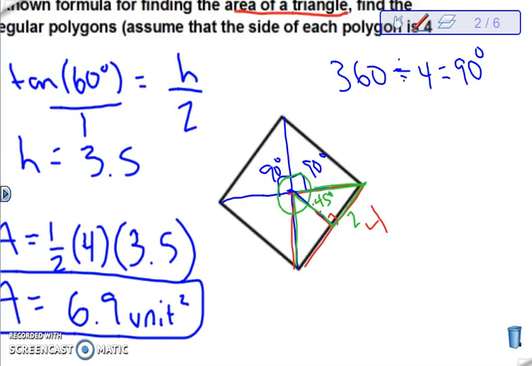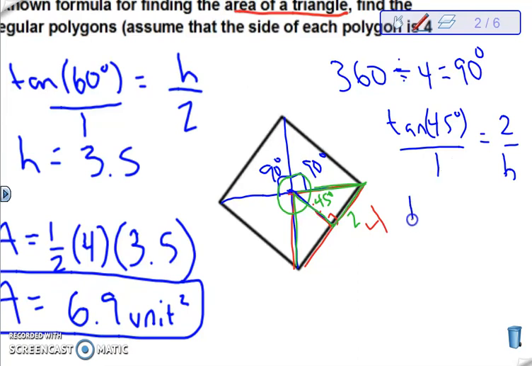So we can say that the tangent of 45 degrees is equal to the opposite leg, which if you look at the position now is a 2, which puts the height at the adjacent leg, and we're just going to cross multiply.